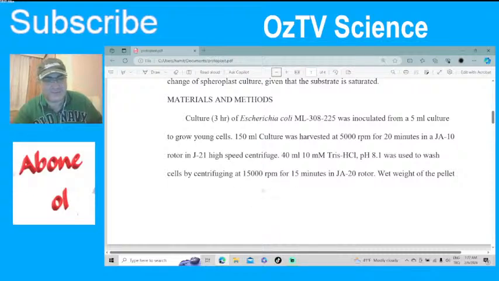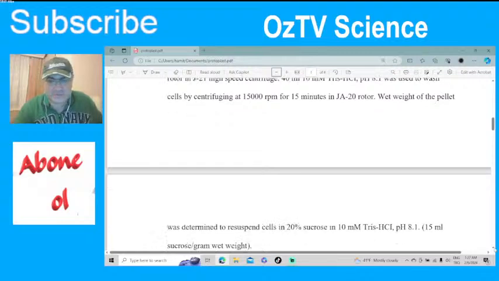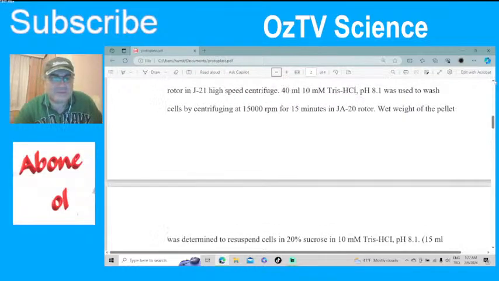Hope I didn't make a mistake there, but let's see. I had the materials paper open, but that could be true. So that's the final centrifugation at 15,000 RPM for 15 minutes in a JA20 rotor.